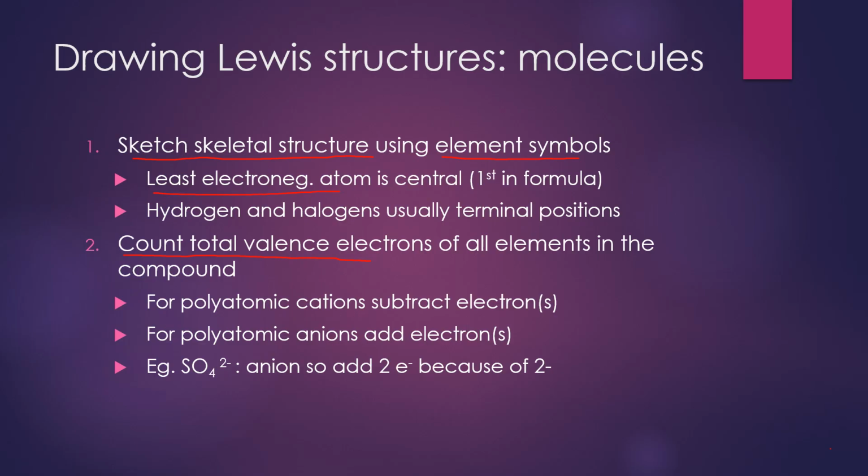Now, 90% of the time, this is going to be the first atom in the chemical formula. Not always, but most of the time. Hydrogen is going to be in the terminal position, meaning it will not be the central atom. We will see in this lab halogens sometimes being terminal and sometimes being the central.